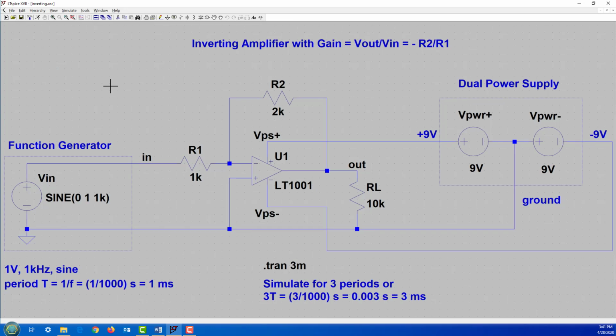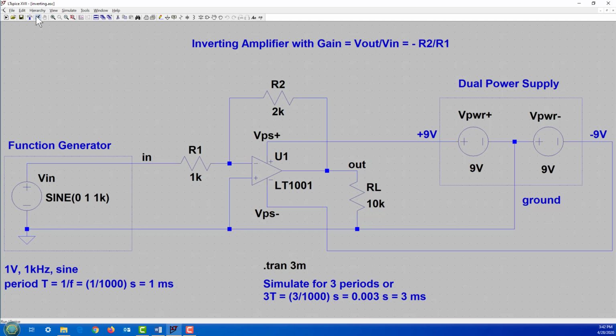The gain here is minus R2 over R1, right? And again, the setup is exactly the same, except that the input is now being applied to the negative terminal through resistor R1, right? This is the structure for the inverting amplifier. Everything else, the sine wave amplitude, the transient simulation duration, everything is the same. And then R1 and R2 are 1K, 2K as shown.